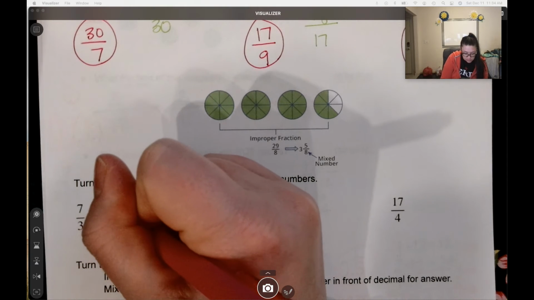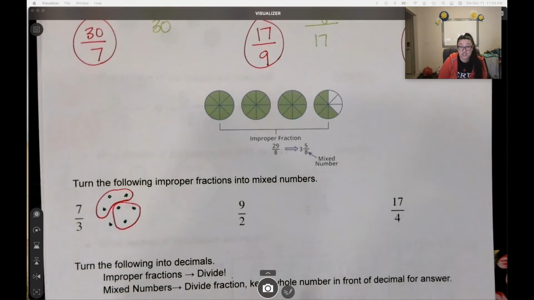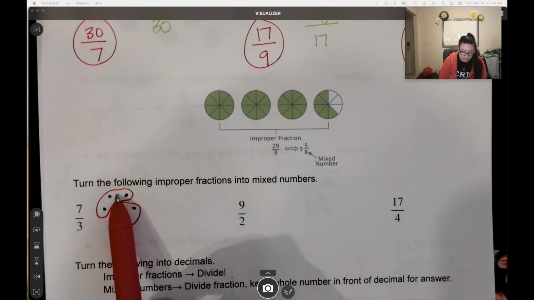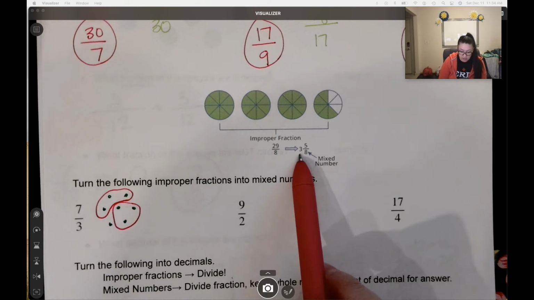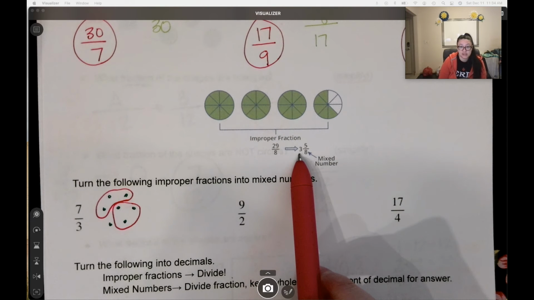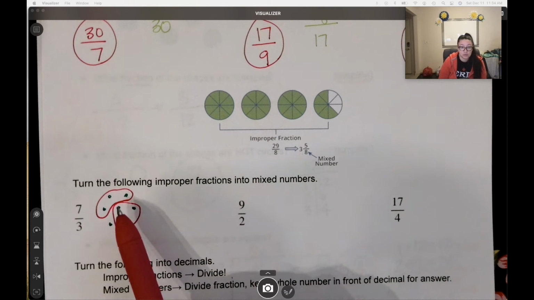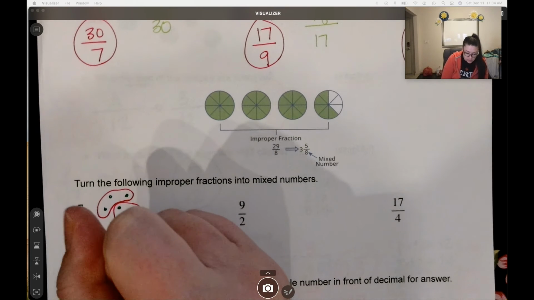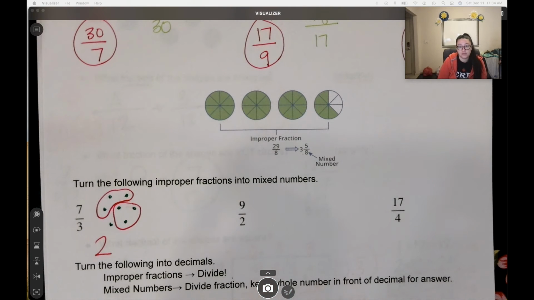Here's 2 groups of 3. Can I make any more full groups of 3? The number of whole groups is going to be our whole number out front for our mixed number. So we have 2 whole groups of 3. So we're going to have a big 2 out front for our whole number.